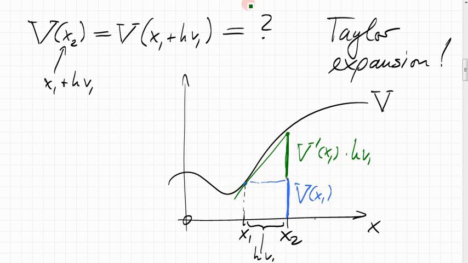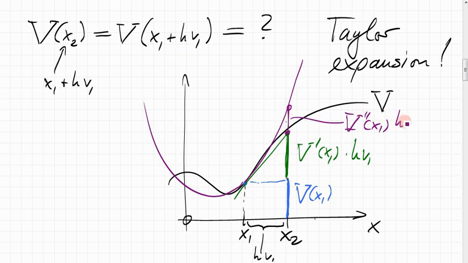The next thing to be doing would be to try and compute a parabola that's nicely fitting to that curve. And the next component of our approximation would then be the second derivative at this position times hv squared over 2.